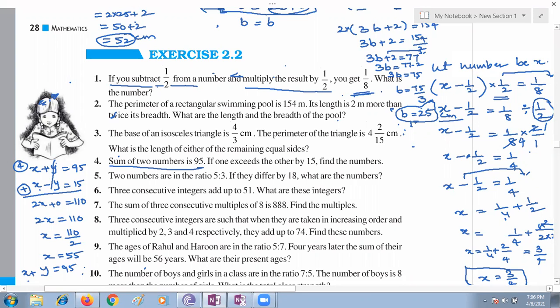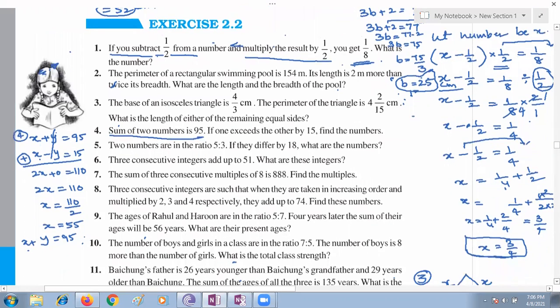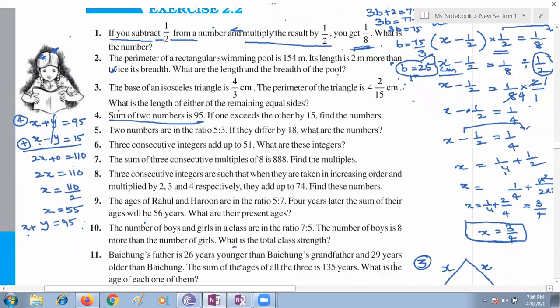Same only. Ma'am, we can do any method. Simply we can do 55 minus 15, ma'am. We'll get 40. X value we are getting as 55. 55 plus y is equal to 95. If you transpose that y to the other side, 95 minus 55, y is equal to 40.